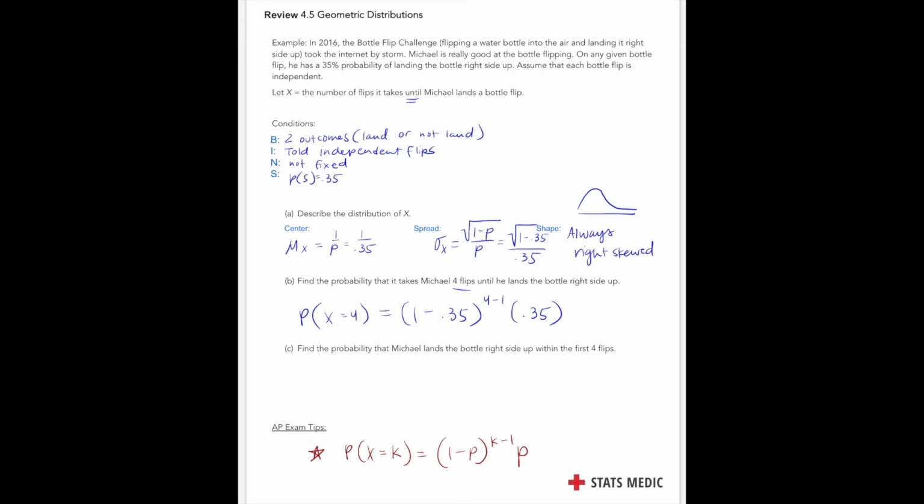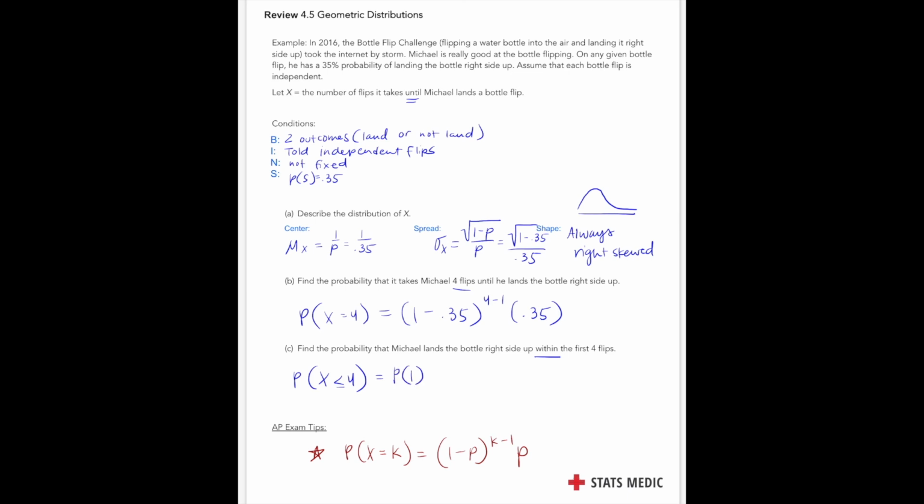And then next is find the probability that Michael lands the bottle right side up within the first 4 flips. So when I do this problem, it is going to look something like this. So it can be on the fourth flip or anything less than the fourth flip. So what I want to happen is that I want it to succeed.